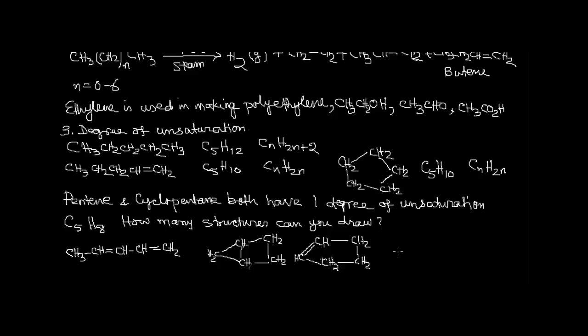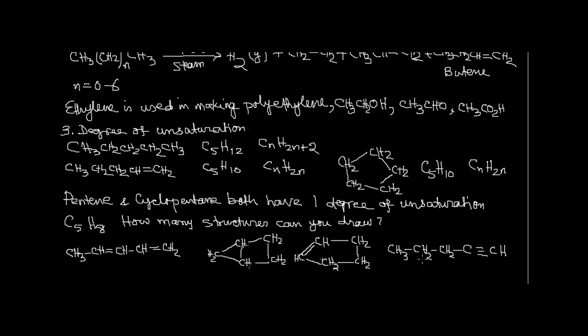Or it can have this structure. CH3, 1 carbon, 2 carbon, 3 carbon, 4 carbon and 3 bonds over here. It is an alkyne, a triple bond. See, I'm trying to draw structures with this formula, C5H8.